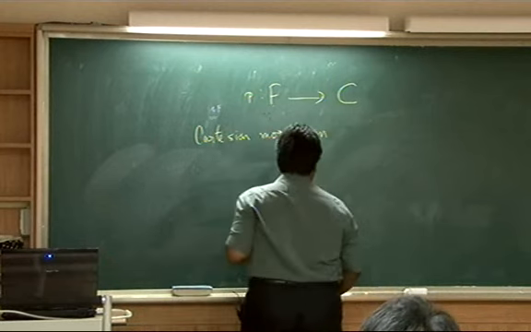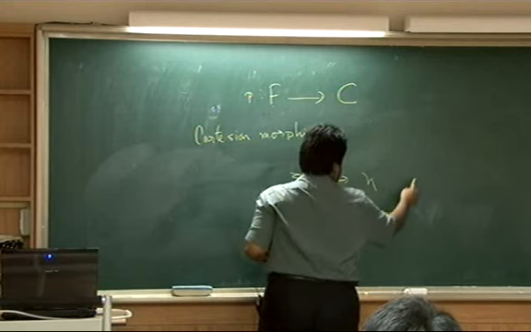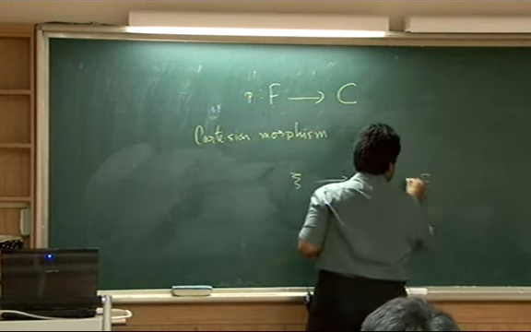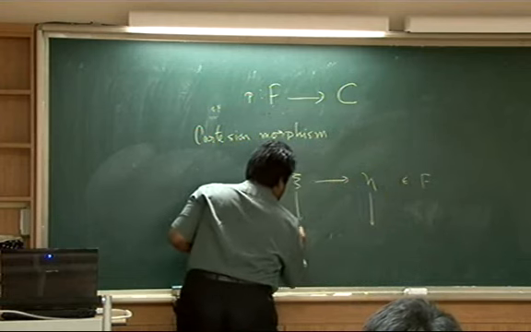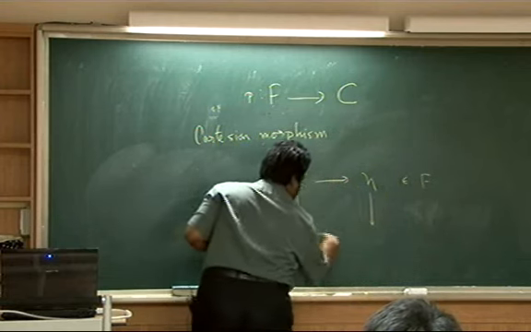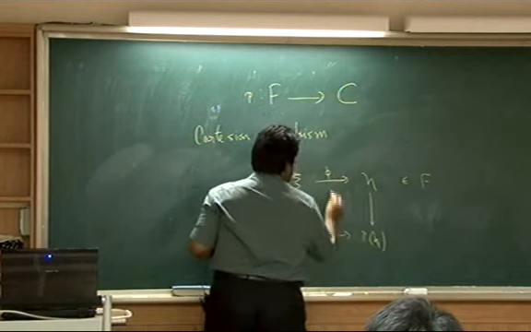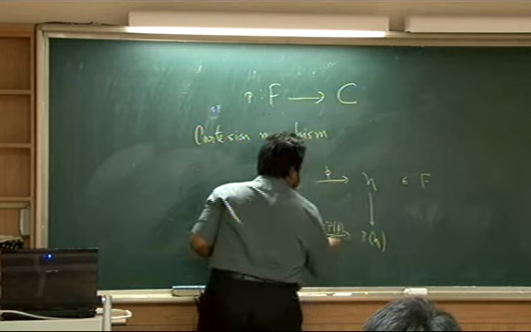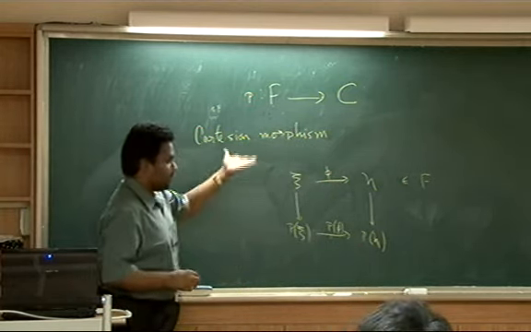Suppose I have these objects, xi to eta, inside F, and this is sitting over P of xi to P of eta. So this is some phi, and this is P of phi. Suppose I have something like this.